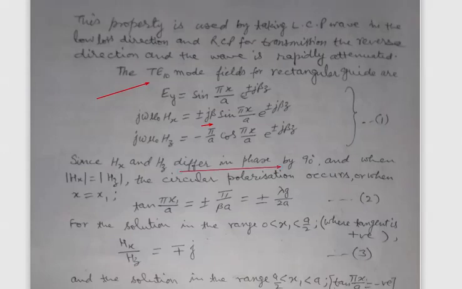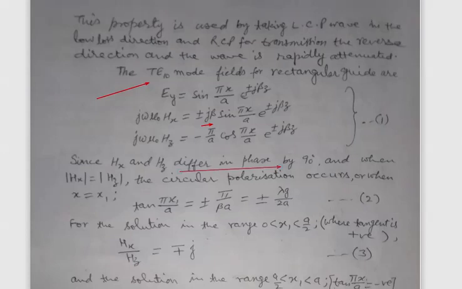We will also show that circular polarization is an inherent property of the wave for the dominant TE10 mode in rectangular waveguides.